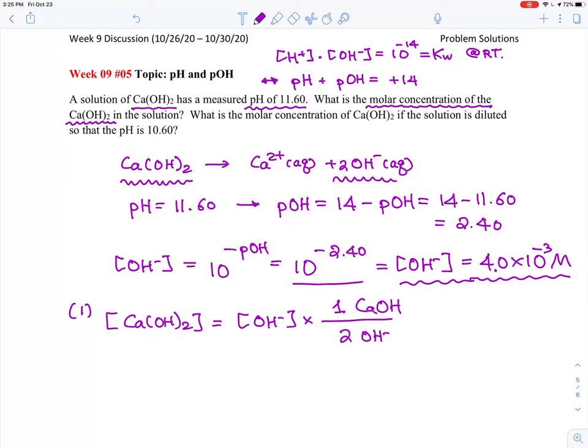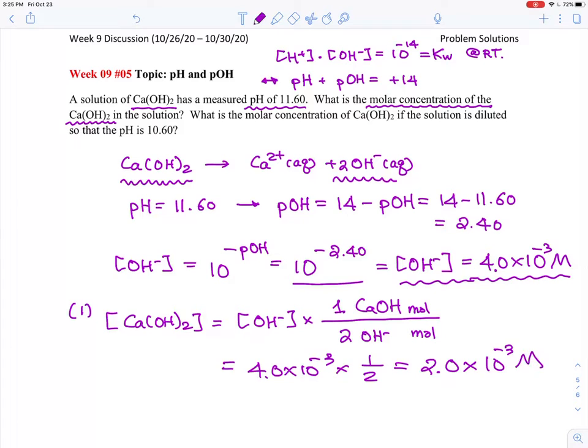I guess I need to say mole, right? So that's a molar ratio. Therefore, I am going to write 4.0 times 10 to the minus 3, multiplied by 1/2, which leaves 2.0 times 10 to the minus 3 molar concentration, and that is the concentration of calcium hydroxide.